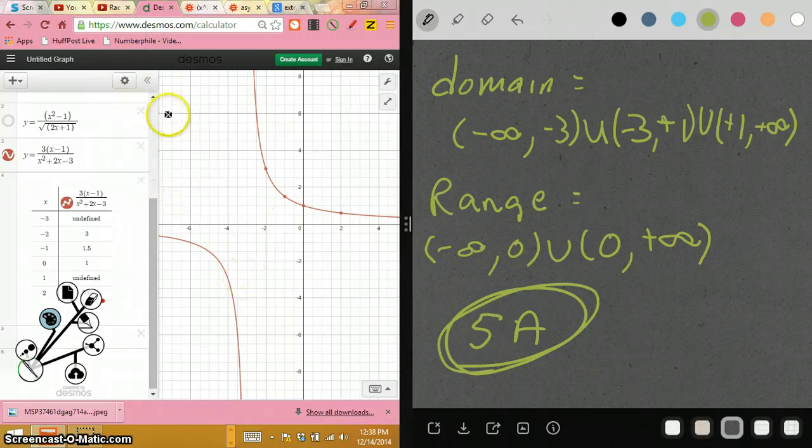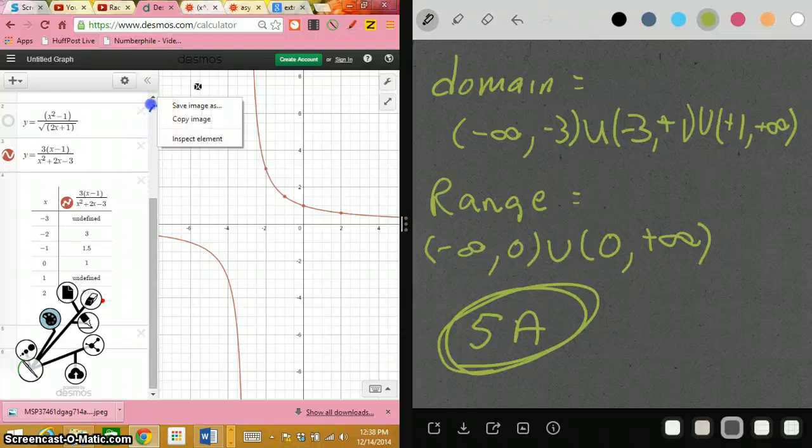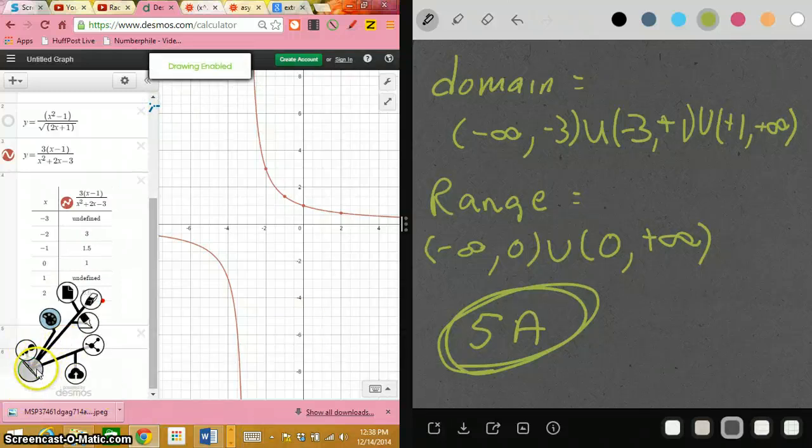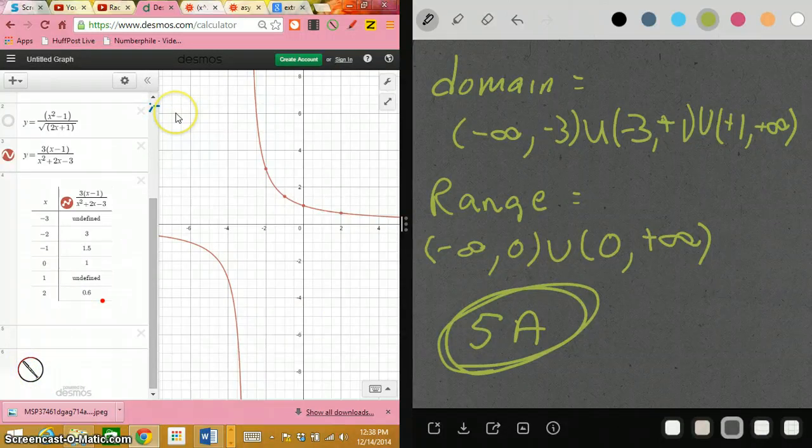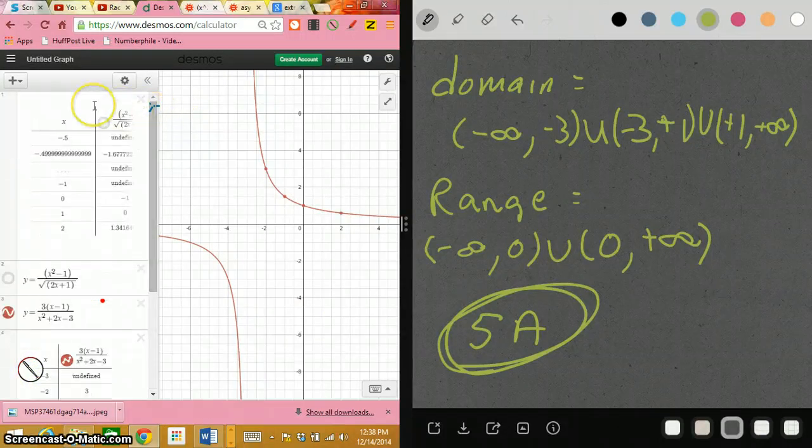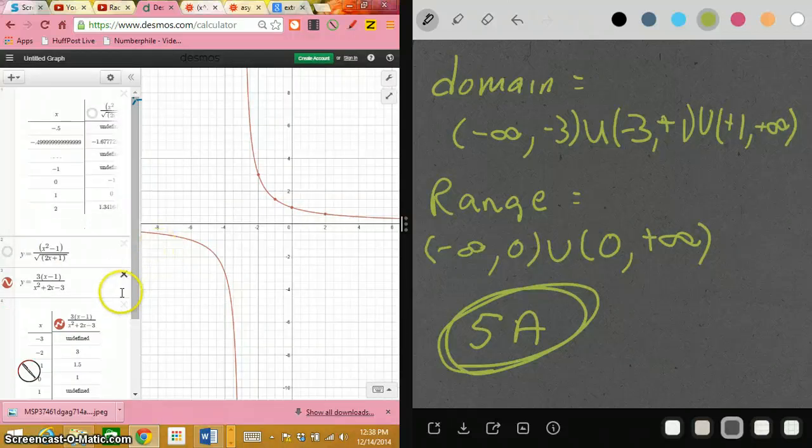And one more thing on this: I know a lot of you use Desmos, and if you want to check the table for this one, I have it right there.